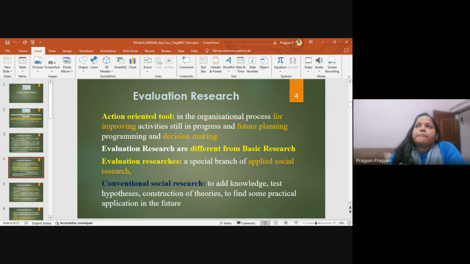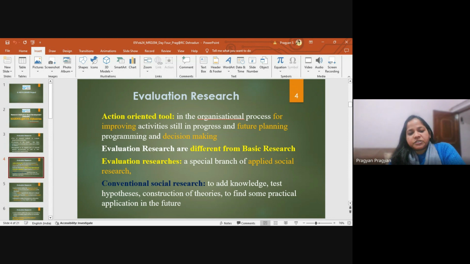Praxis means it not only involves theorization of certain development factors, rather it systematizes and analyzes the relationship between those factors, intervening factors and independent factors involved in a particular development process, so that we can understand how we can enhance the impact or the outcome of a particular development program.